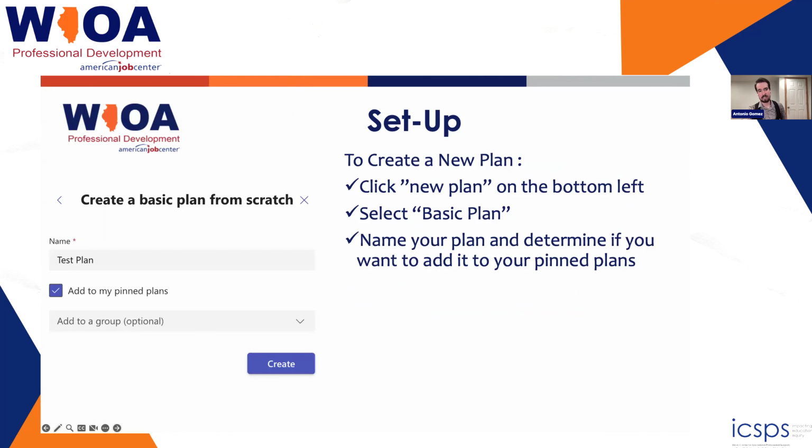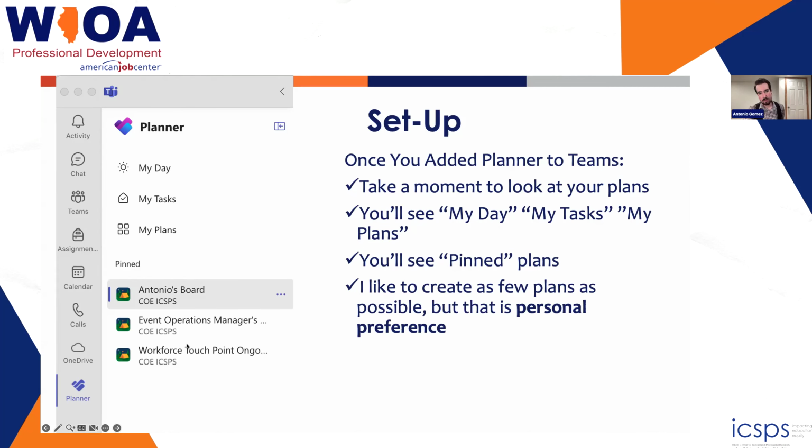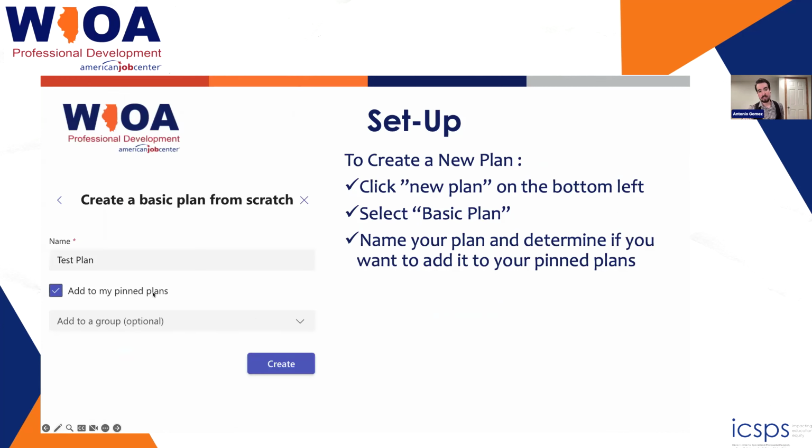To create a new plan, if you saw this full bar right here, underneath right here, there's a section that says new plan. So you click new plan, and it'll get you to this, create a basic plan from scratch. It gives you the options of selecting pre-made templates or the basic plan.